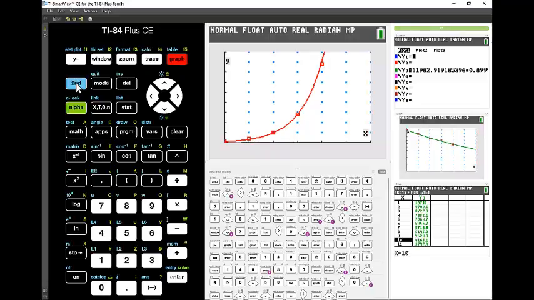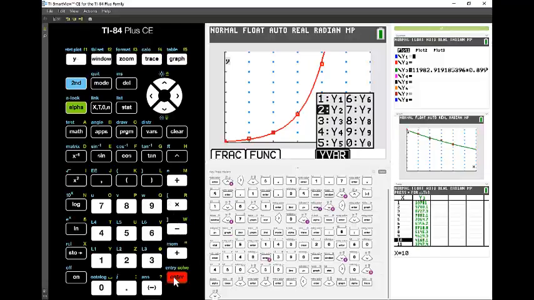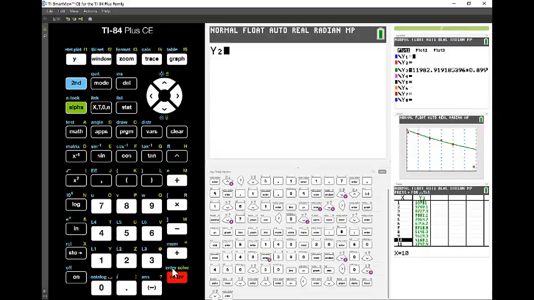So, do you remember how that works? Well, let's do it. Alpha, calc. Now, we need y2 this time because that's what we're using. So y2 in parentheses, and we're going to put in the value 6. And let's make a high prediction. There we go. So the value is 3,458.975.